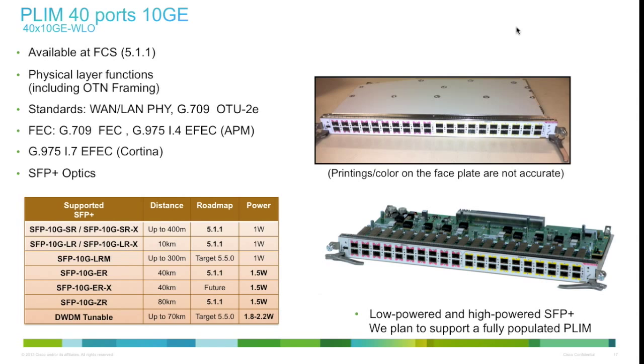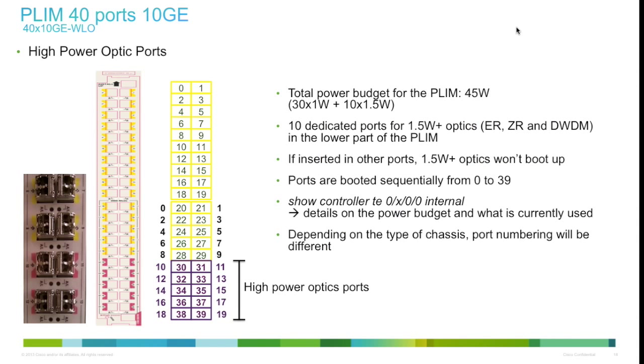Depending on the version, we will support different types of SFP+, but in 5.1.1 we will have the SR, LR, ER, and ZR. And it's important to differentiate each type of optic module because depending on the reach you want to have, you will have different types of power. And the card will have different slots for each type of optic power requirement.